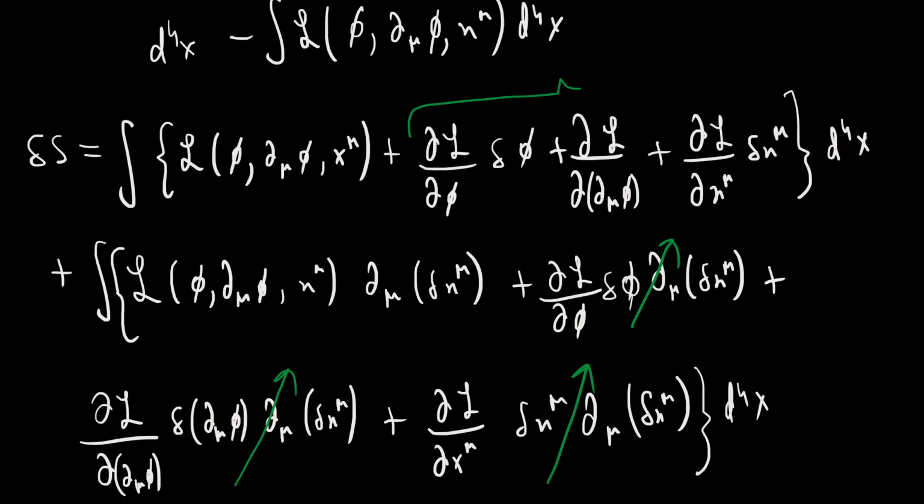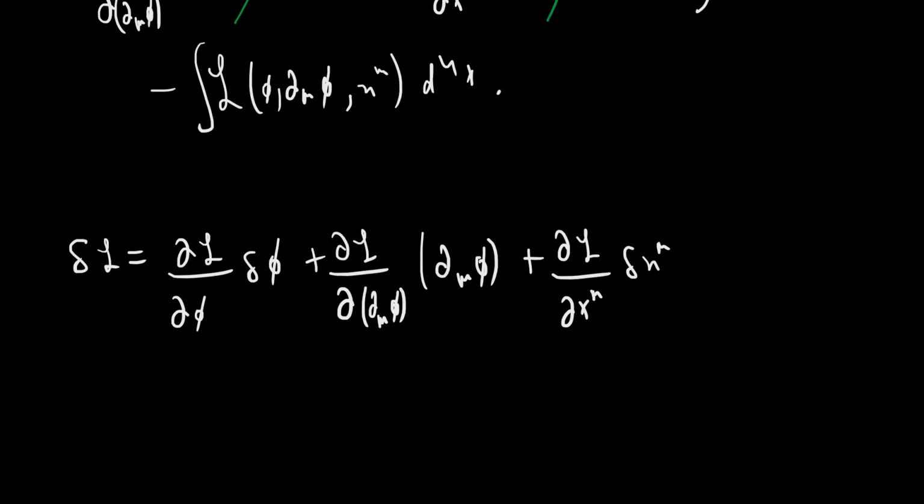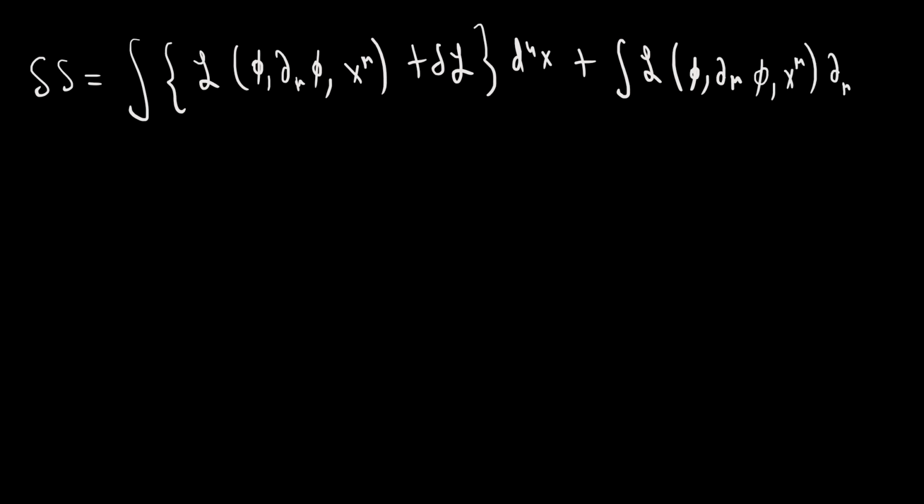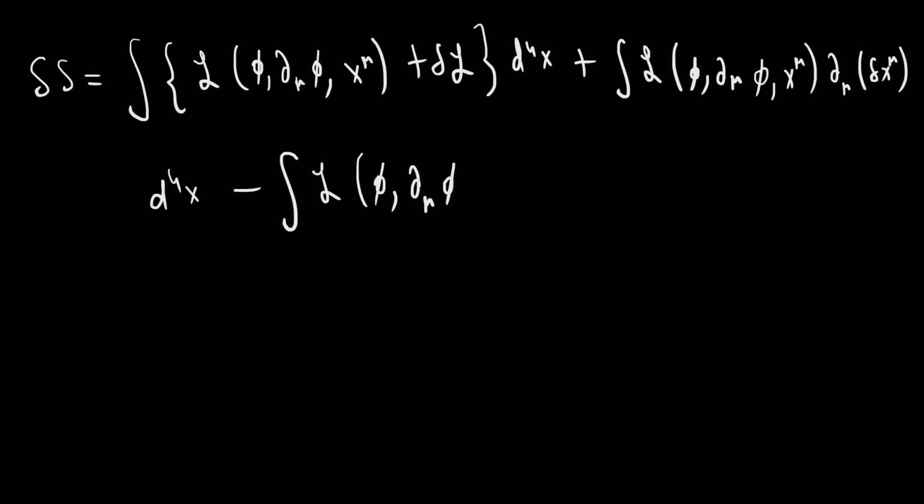So these three terms are our delta L. Then we are left with delta S equals the integral of the Lagrangian of field phi, del mu phi, x mu plus delta L, d4x, plus the integral of the Lagrangian of phi, del mu phi, x mu, del mu of delta x mu, d4x, minus the integral of the Lagrangian of phi, del mu phi, comma x mu, d4x.